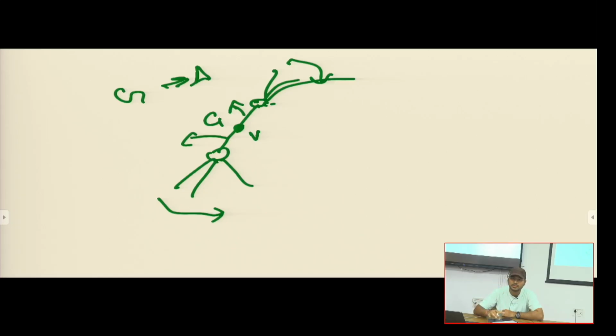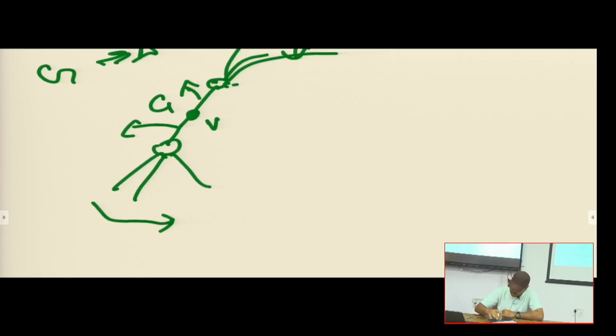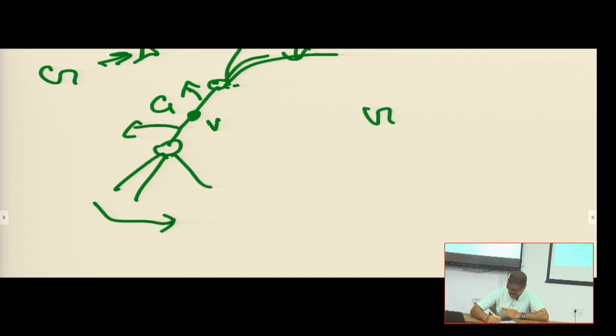Okay, let me explain a bit more. Initially I am thinking G is delta colorable. So I will prove that after making a subdivision of one edge, we will get a delta plus 1 colorable class. So this is my graph.